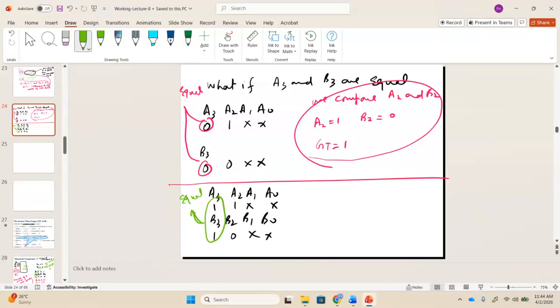If they are equal, we need to compare A2 and B2. If A2 is 1 and B2 is 0, then GT will be 1. Got it or not got it?